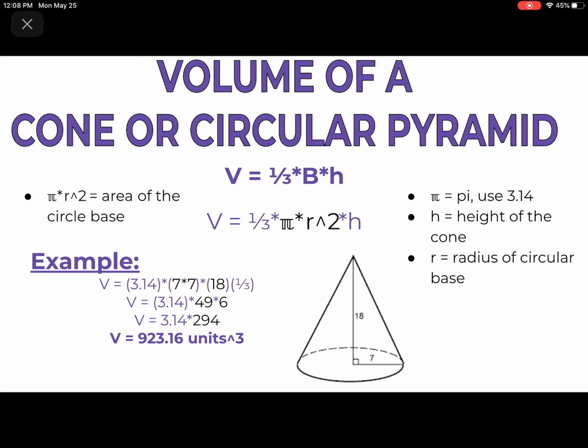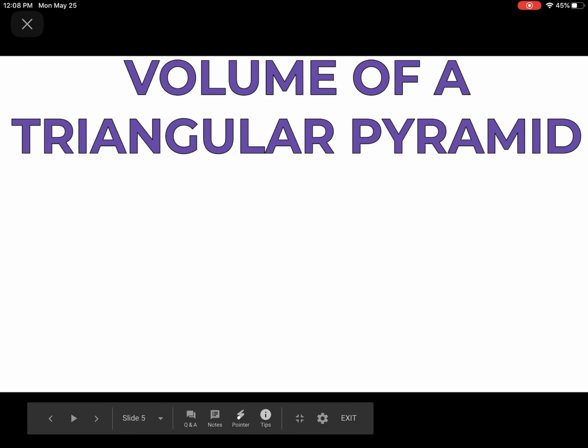Then I'm going to multiply my 49 and my 6. Volume equals 3.14 times 294. When I multiply that, volume is going to equal 923.16 units cubed. Make sure you include that cubed on the end of our unit. And we round to the nearest hundredth.